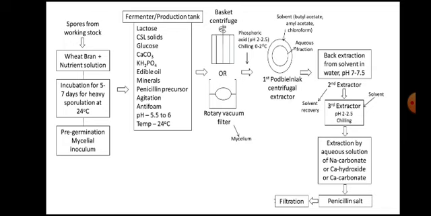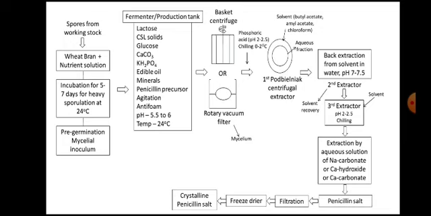Then this penicillin salt is separated by a suitable centrifugation or filtration technique. Then this purified penicillin is freeze dried. Freeze drying is a method of concentration where the water from this preparation is removed so that the concentration of penicillin can be increased.